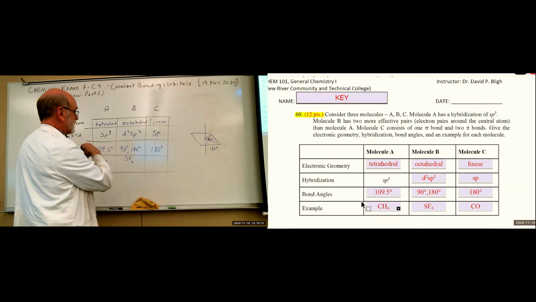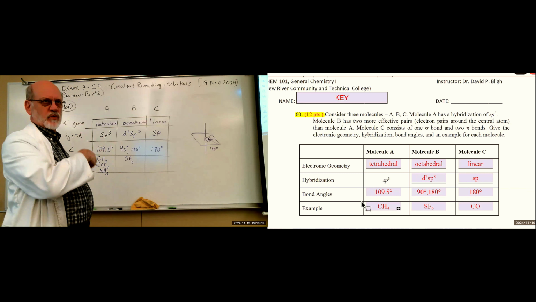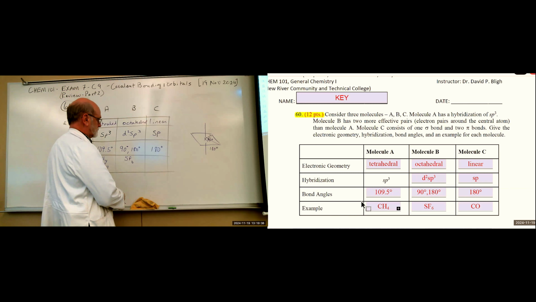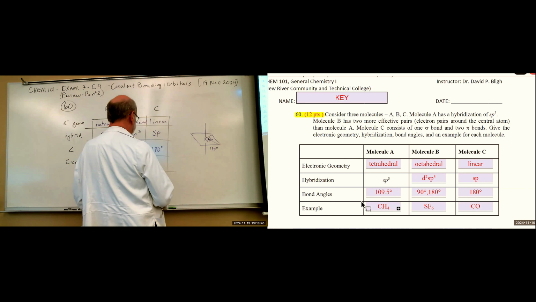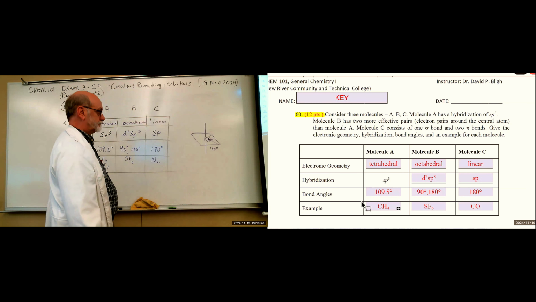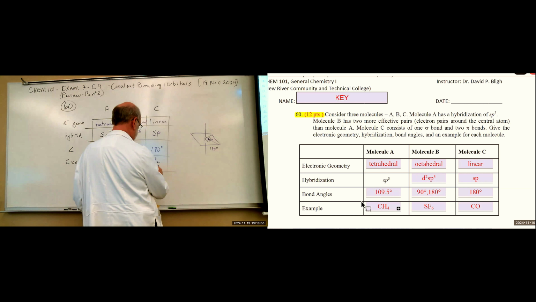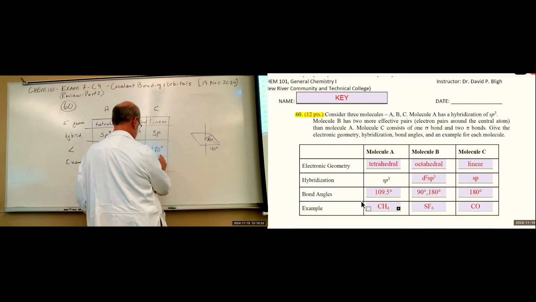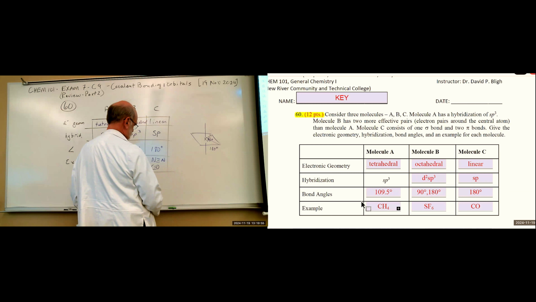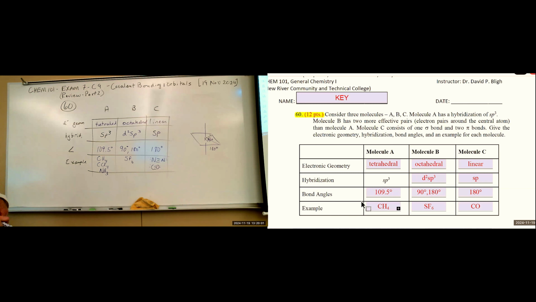And then we had some other octahedrals. I mean, we drew 4 other ones on the board just a minute ago. Linear: dinitrogen, triple bond; carbon monoxide, triple bond. Those are good examples.